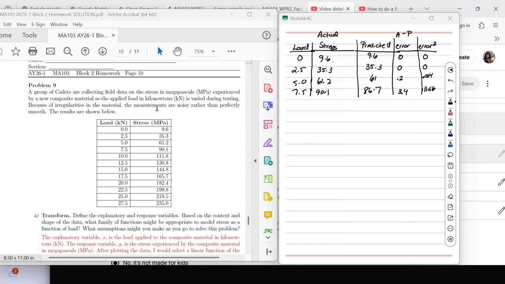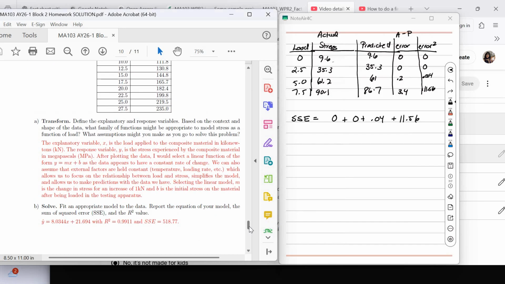And then to get the sum of squared error, it's going to be the sum of these guys: 0 plus 0 plus 0.04 plus 11.56. You're going to take those guys and add them all up, and that's your total error.